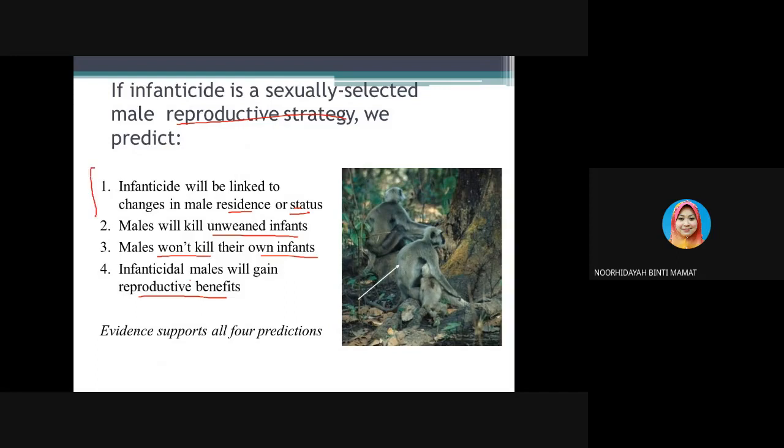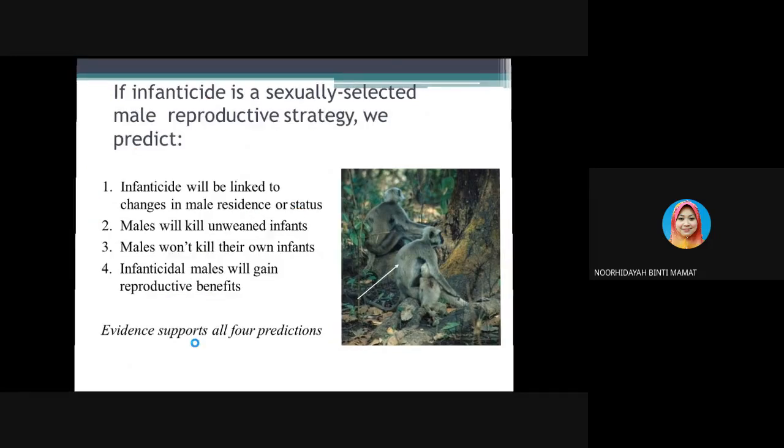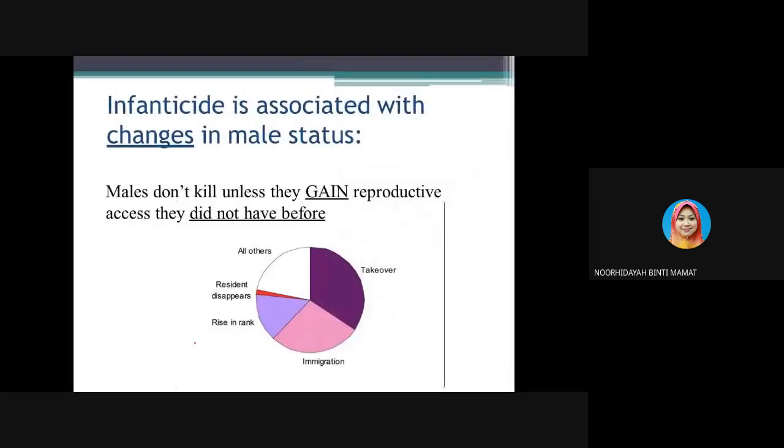So we predict these four, and all four are supported by the evidence of the study. Okay, we will look at them one by one. The first one is that infanticide is associated with changes in male status.